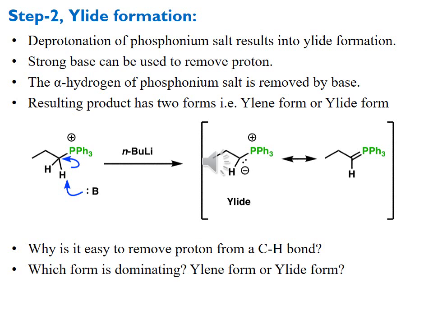And in the case of a stabilized ylide, the ylide form is dominating. The charge separation is stabilized by the electron withdrawing group present in the phosphonium salt. So we get the ylide form as the dominating form, and the reaction occurs through this form.